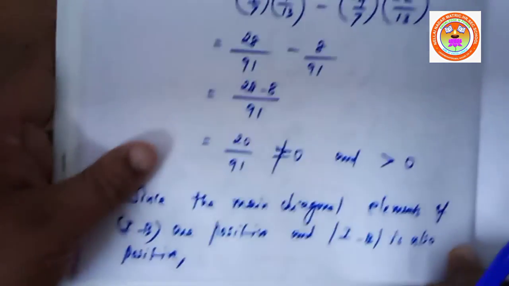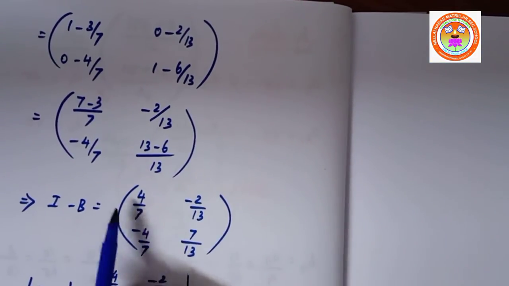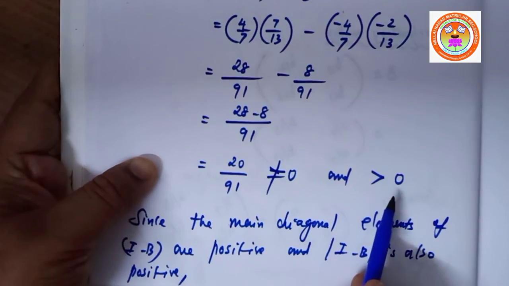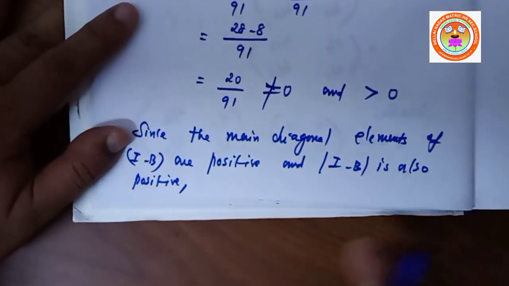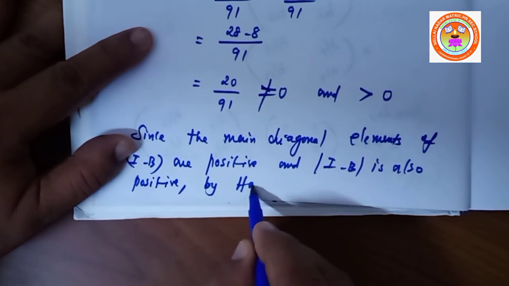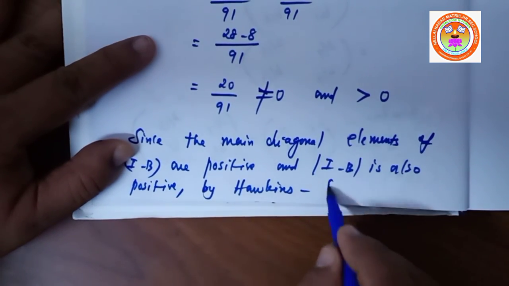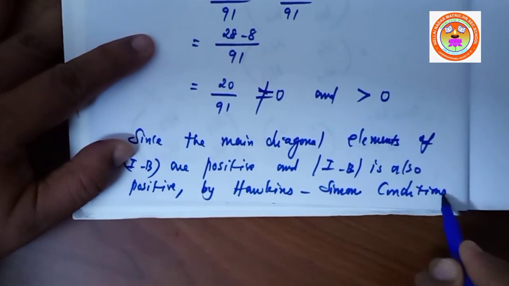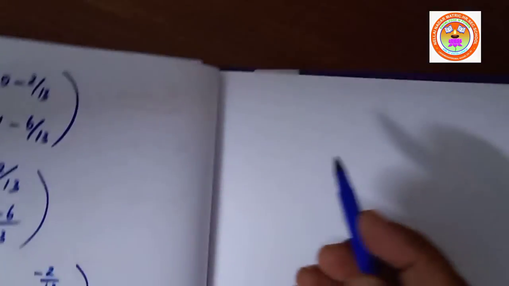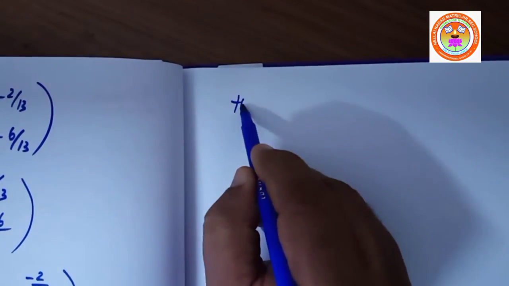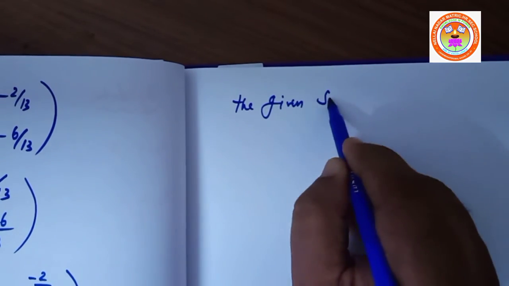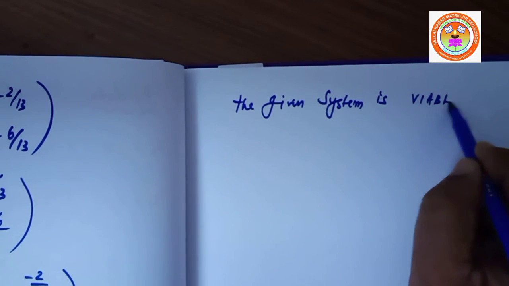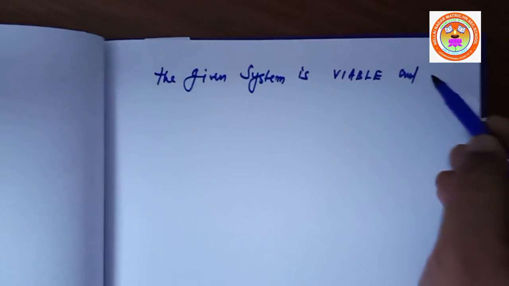Main diagonal elements of I minus B, look at that, both are positive, and the determinant of I minus B, here it is, 20 by 91, that is also positive. By Hawkins-Simon conditions, the given system is viable and has the solution.